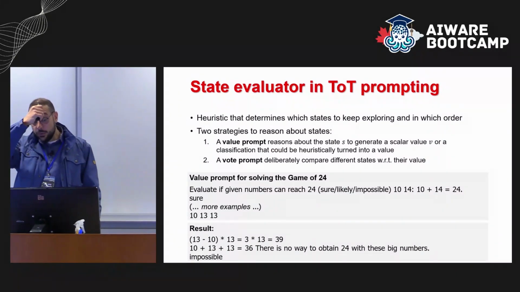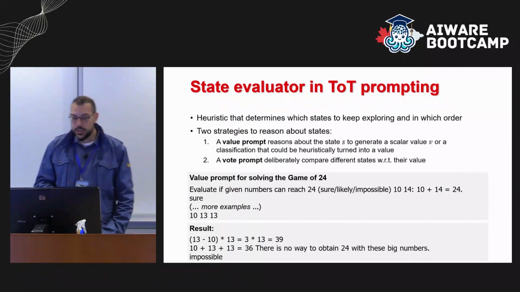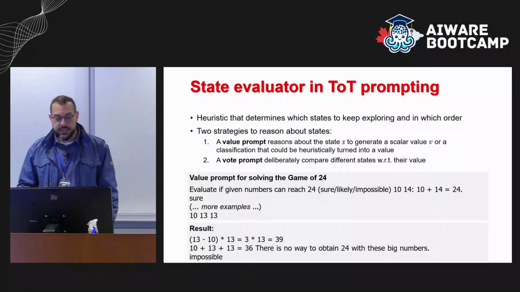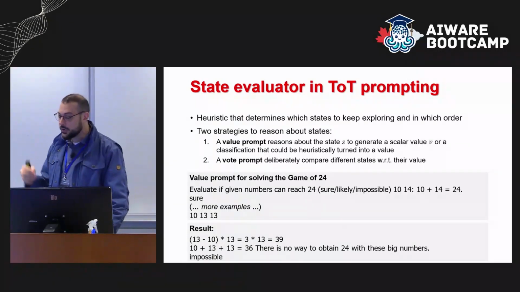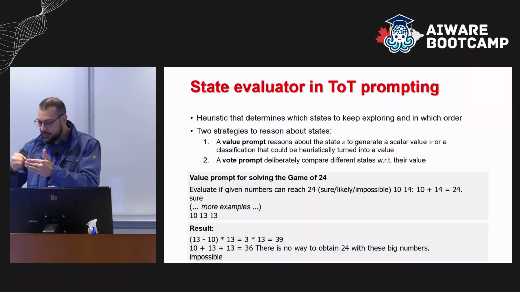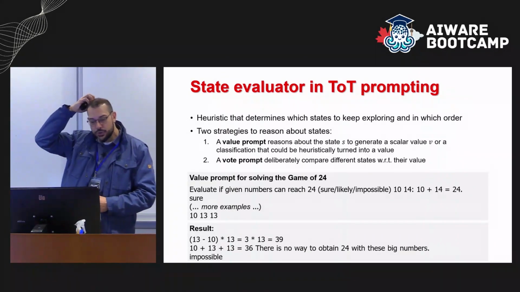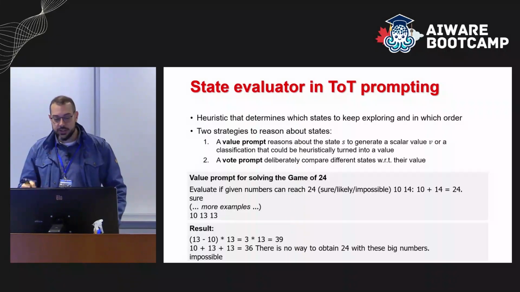And then you need to evaluate each of the generated thoughts. You can use some heuristics to determine if you should keep exploring more states, that is, if you should generate another thought after the thought you just generated. You have two strategies to reason over these states.